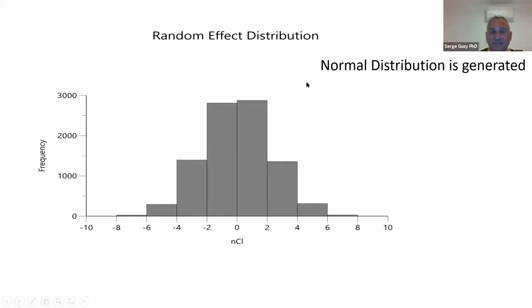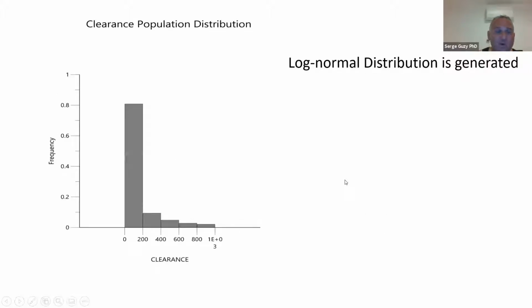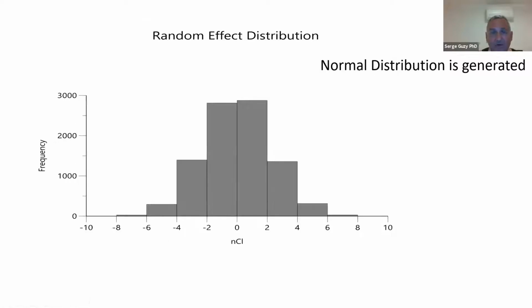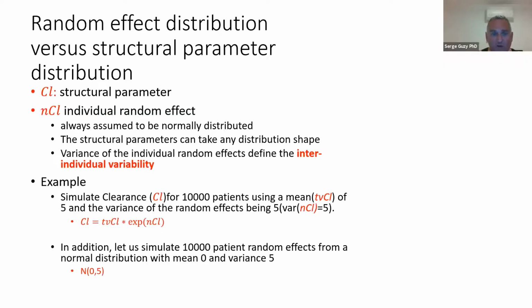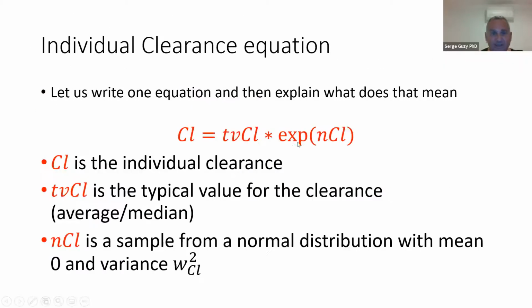What you can see here is basically the random effect when I simulate 10,000 values for NCL. You can see that I'm getting a normal distribution. But when I use the equation for the clearance, the normal distribution for the random effect converts into a log normal distribution for the structural parameter called CL.